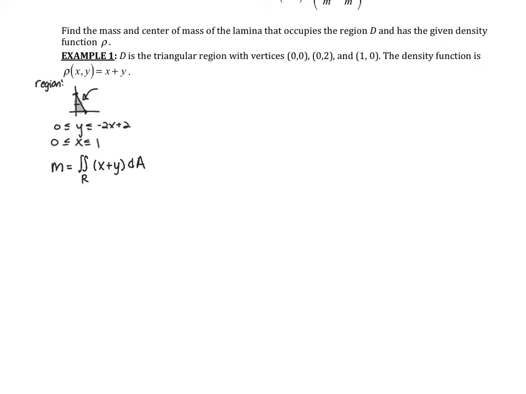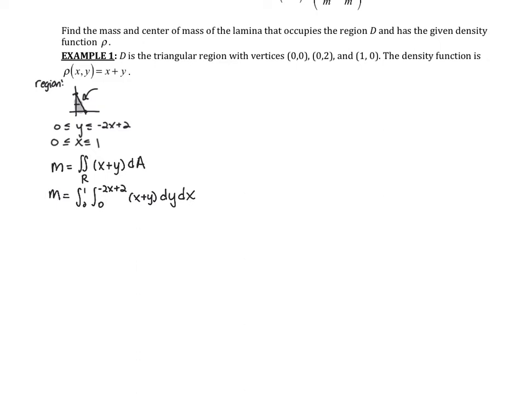The way I set mine up, the mass is equal to the integral from 0 to 1, with dx on the outside, and then from 0 to negative 2x plus 2, of x plus y dy dx.